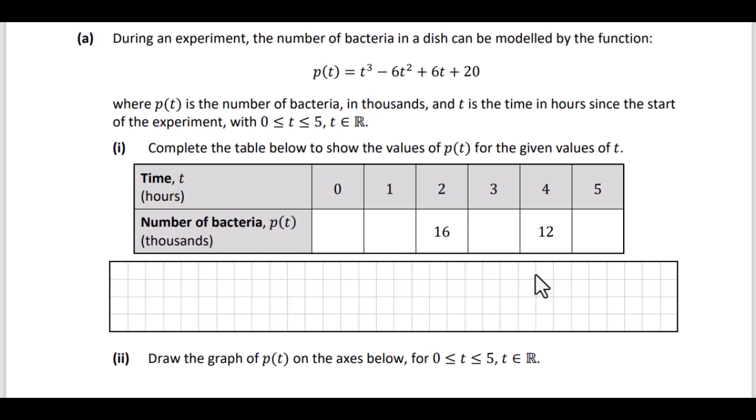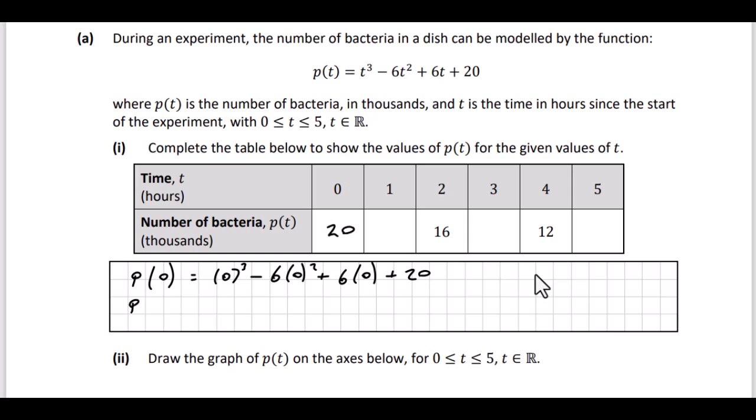So really all you've got to do here is put in the t values. For example, the first one, p of 0 is 0 cubed minus 6 times 0 squared plus 6 times 0 plus 20. When you work that out, you'll find that you get 20.